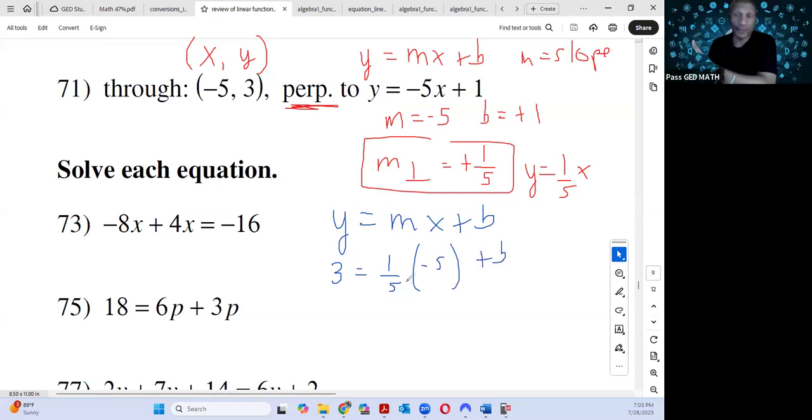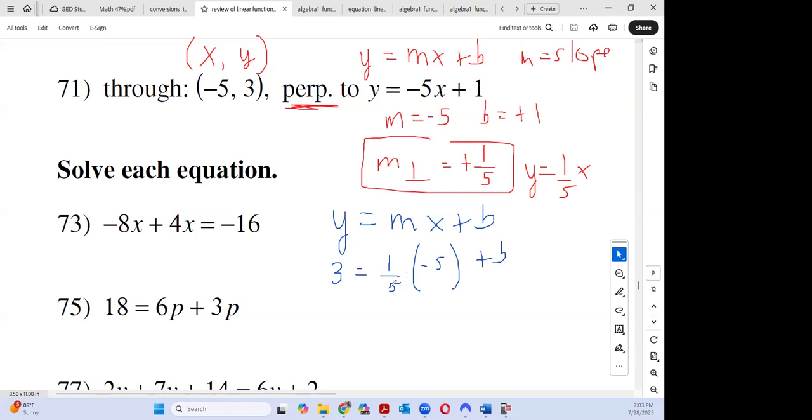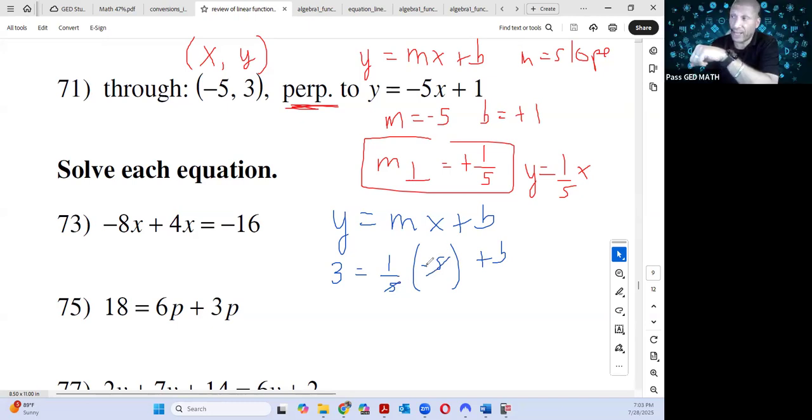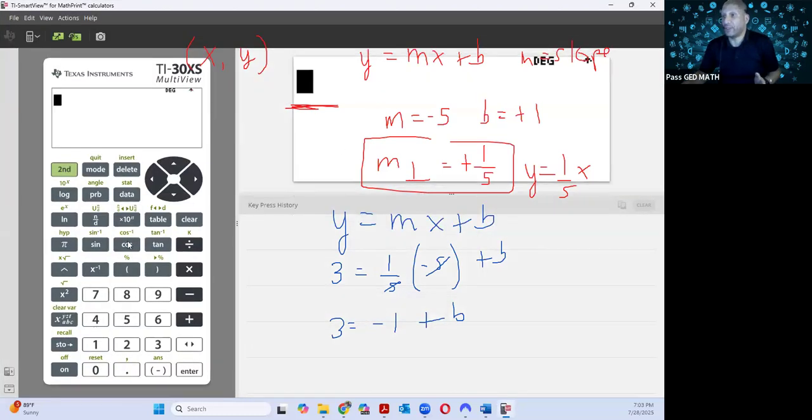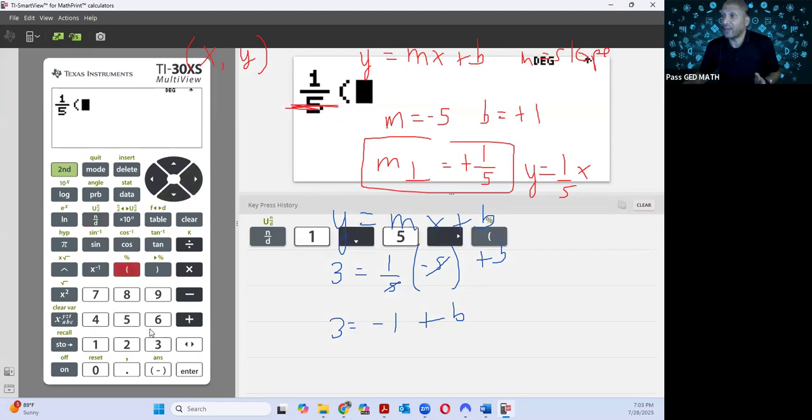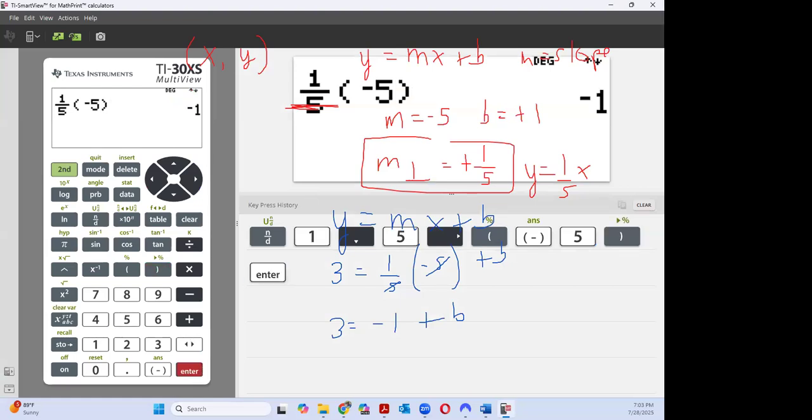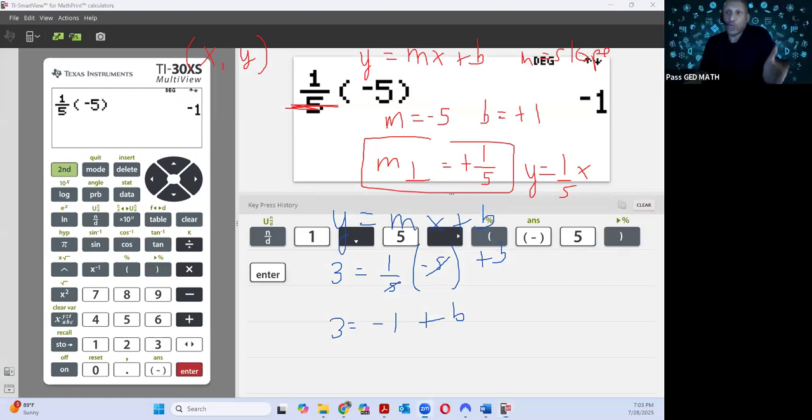Now, what happens to my 2 5s? They cancel out. But I still got my negative there, right? So that's 3 = -1 + b. Now, again, if you're having problems with signed numbers, use your calculator. 1/5 times -5 gives -1.